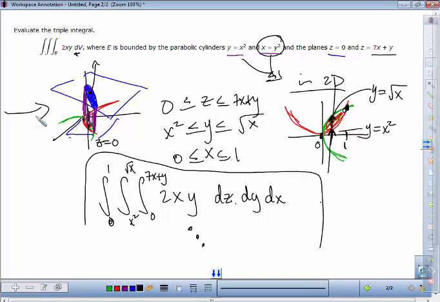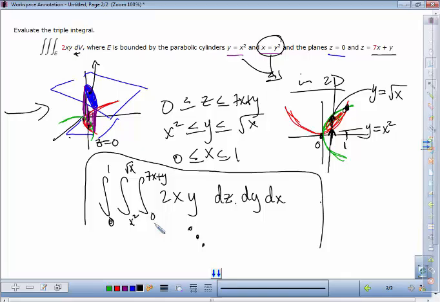The problems are still not impossible because you can logically look at these limits and imagine, oh, those must be my z limits, so I may want to integrate with respect to z first. And then the rest you can flatten down to 2 dimensions.